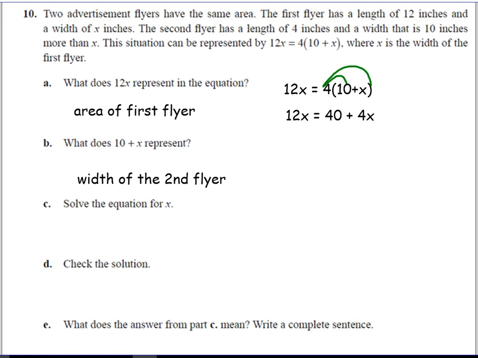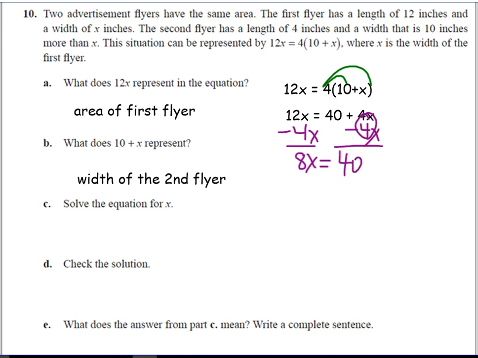So now what we need to do is move the x's to one side. Since there's only x's on the left, it makes sense to move the 4 over. We're going to subtract 4x from both sides. So our x's are gone on the right. On the left, we have 12 minus 4 would be 8. So 8x equals 40.